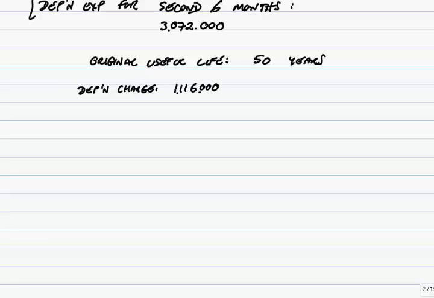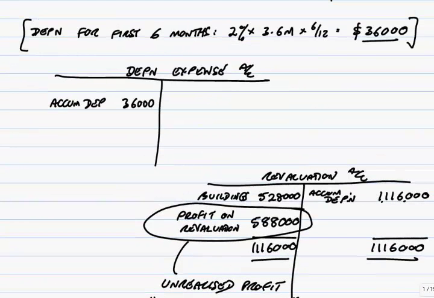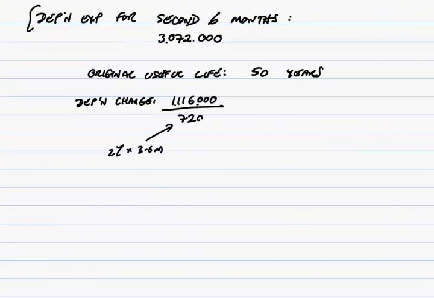So how many years depreciation had there been? The expense per year we worked out earlier at 2%. Each year is 2% of the original cost of 3.6 million, 72,000. So how many years depreciation have we had?